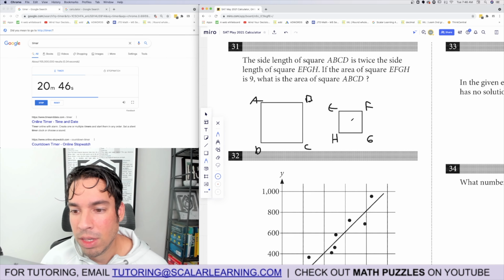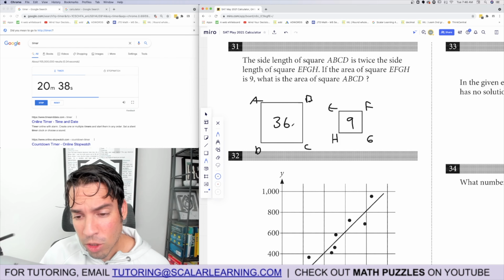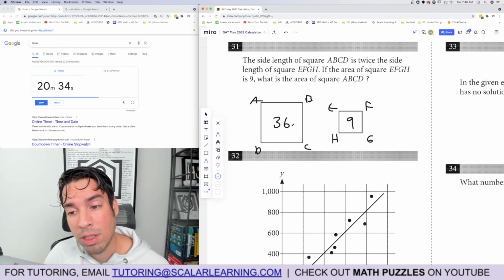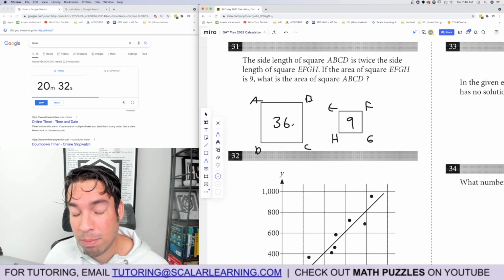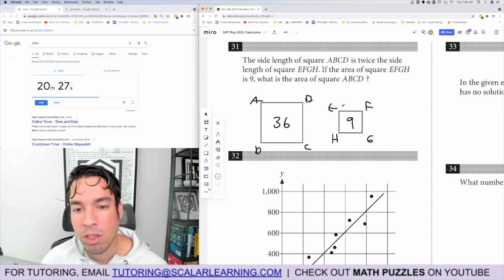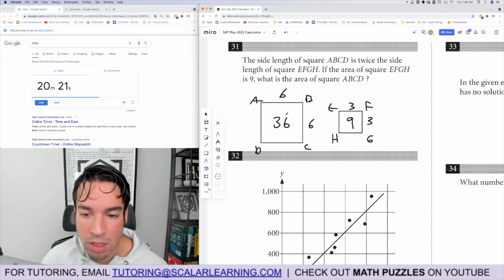If the area of EFGH is 9, what is the area of ABCD? Okay, it's 36. There's a way to know that if the side lengths are doubled, then the area is in the same proportion, but squared, so it's quadrupled. But you can also say, hey, that's a square with area 9, so these sides must be 3. Well, these sides must be 6 because each side length is double. 36, boom, done.